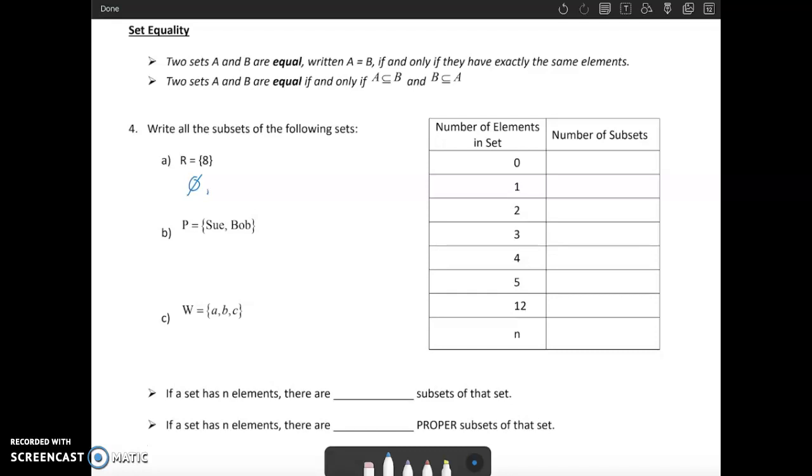The only other set I can write down is a set that just has the element 8 in it, because 8 is in this new set and 8 is also in R. And that's it. So if we have a set with one element in it, we get two subsets. And I'm going to write that over in our chart here, to the right-hand side.